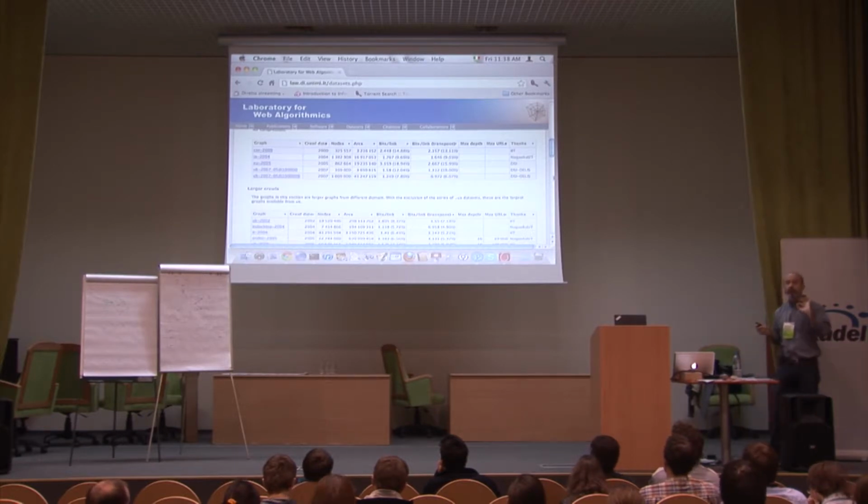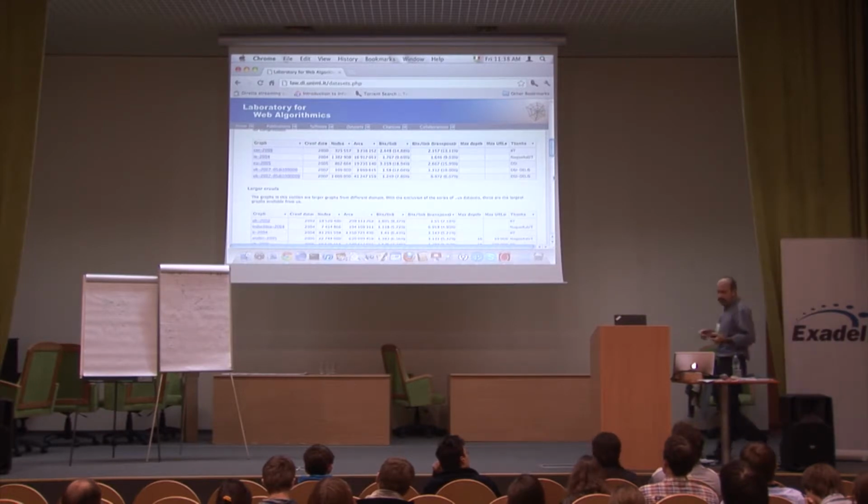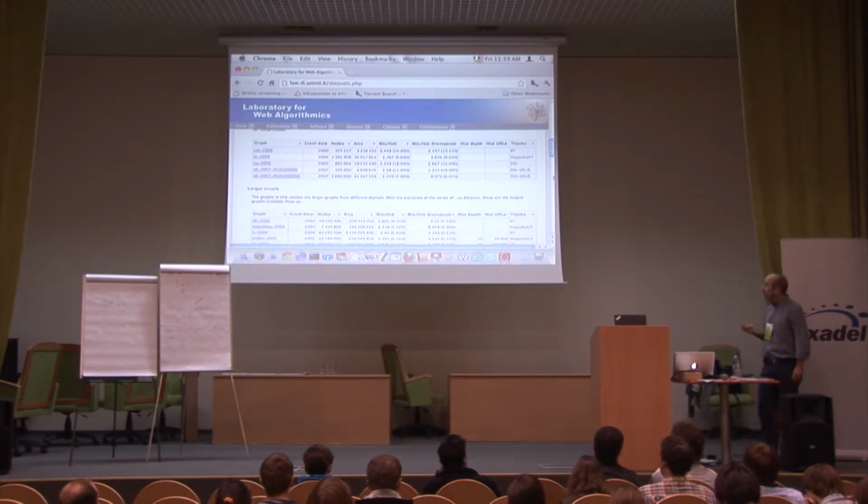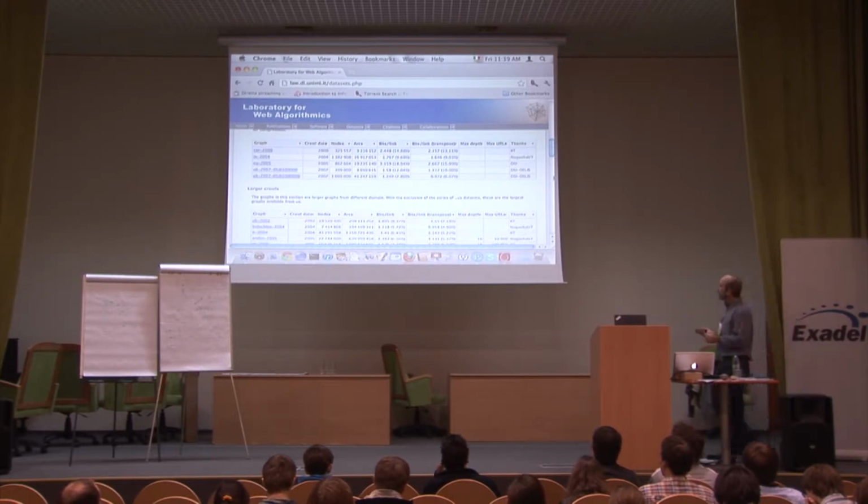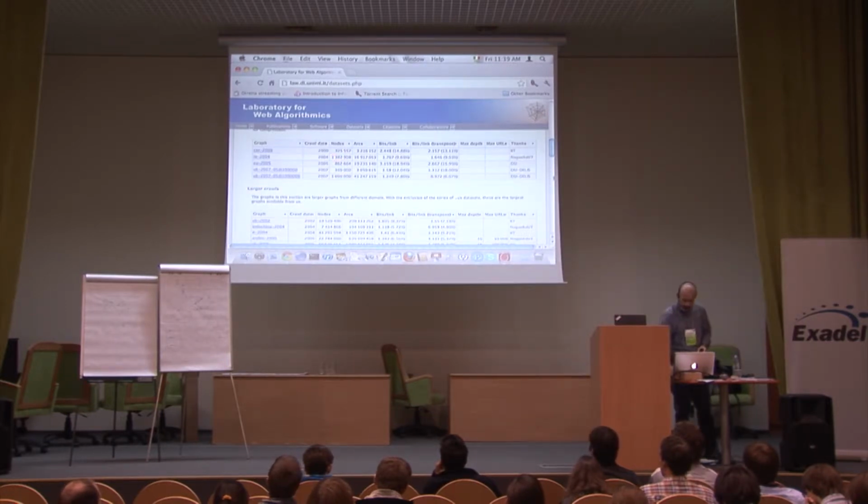These are pure graphs, which means that they are graphs essentially with no labels, neither on the arcs nor on the nodes. They are graphs either directed or undirected. Some of them are web crawls. We have a crawler of our own. We used it for some time, and we did some small crawls. As you see, these graphs are about 1 million pages at most.